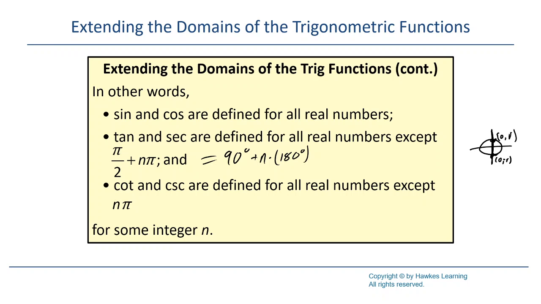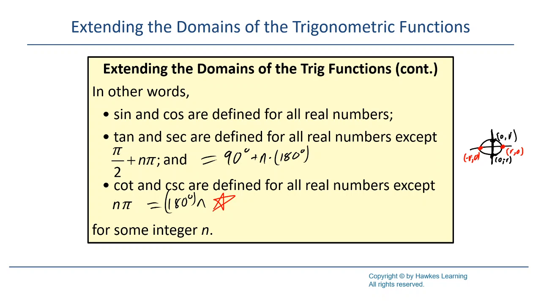And then because cotangent and cosecant are cosine over sine and 1 over sine respectively, anytime you're at a multiple of pi or 180 degrees, because that puts you either here or here, which is going to be the radius in 0 or negative radius in 0.